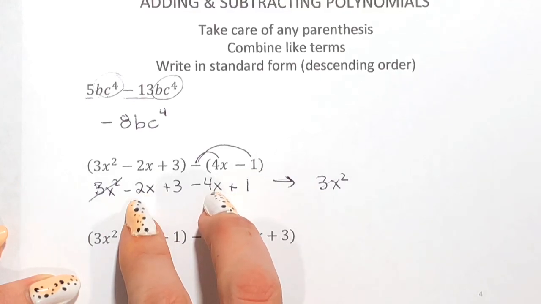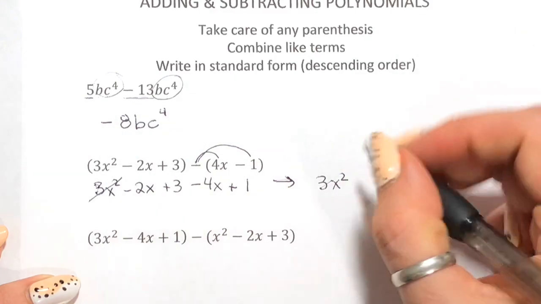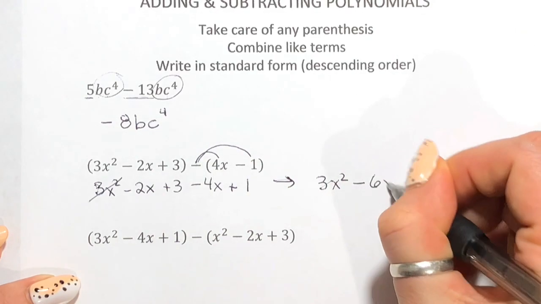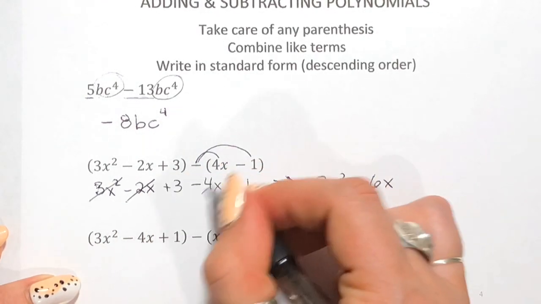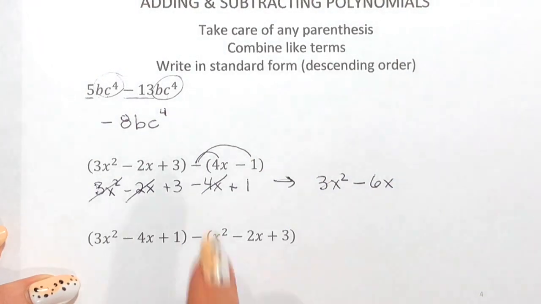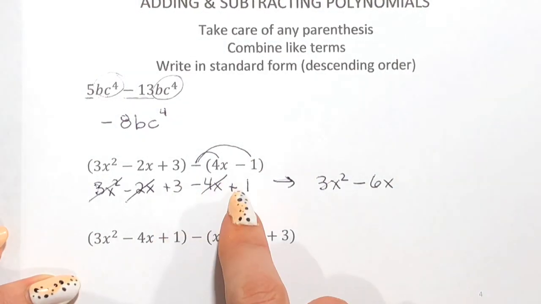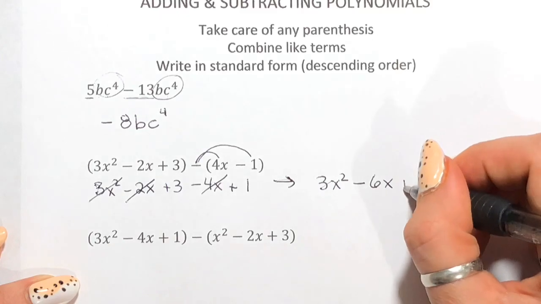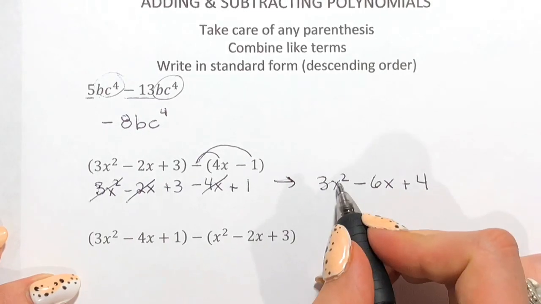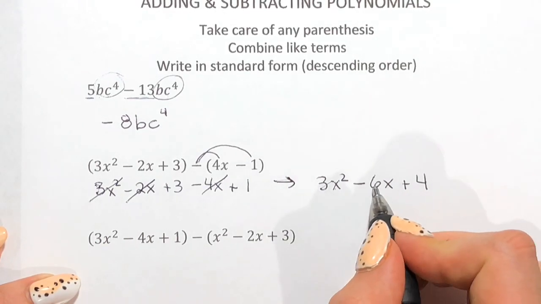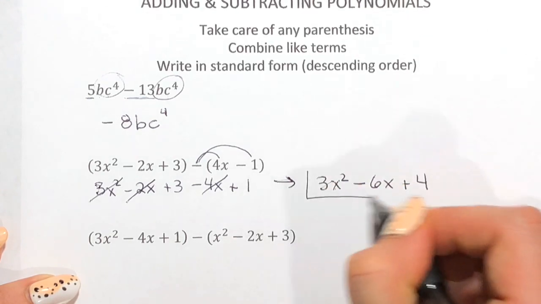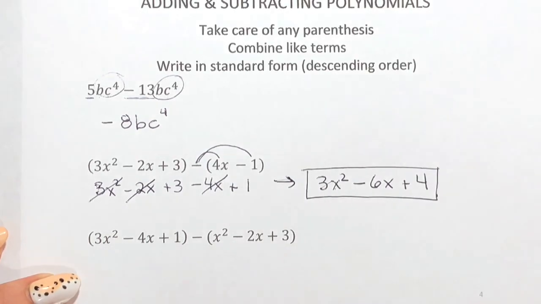So negative 2 subtract 4 would be a negative 6x. So now we've used those, we can cross them out. And then look at your numbers. I have a 3 plus a 1. So 3 plus 1 is 4. And it's already descending. We're going x squared, x, and then our number. So there would be your answer.